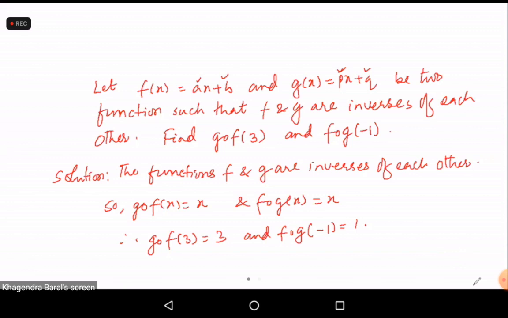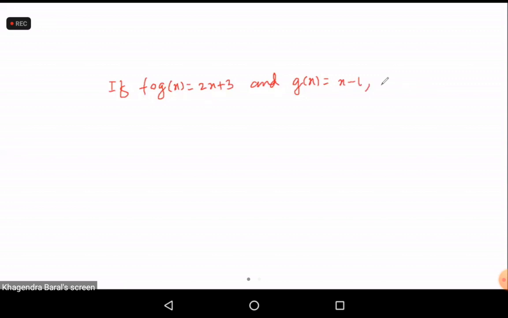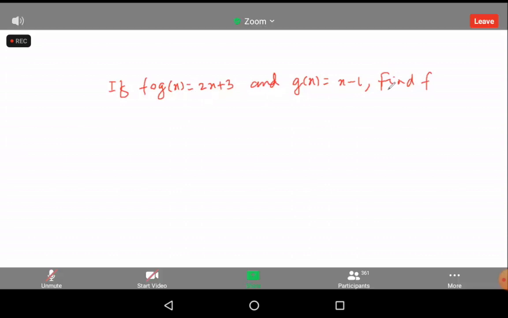Now we come to the next problem. If f naught g of x is equal to 2x plus 3 and g of x is equal to x minus 1, find f of x. This is an application of composite function.